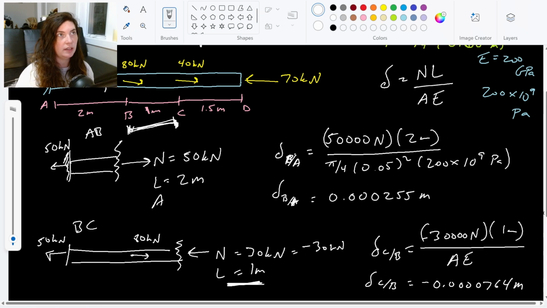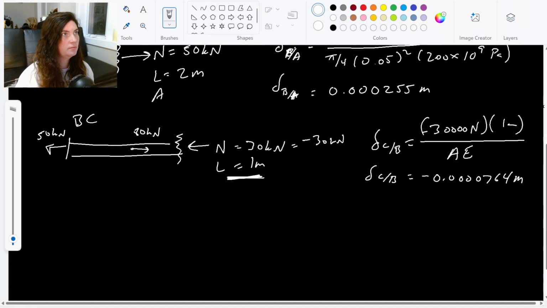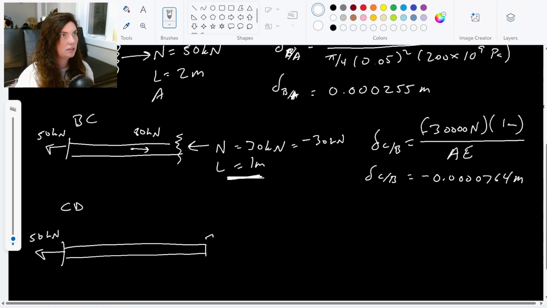So let's do our very last section. Section CD has the 50 kilonewton from the reaction, the 80 kilonewtons at B, the 40 kilonewtons at A, and then I'm going to have a reaction here, the normal force coming through here.